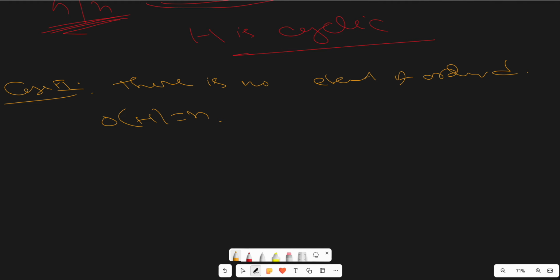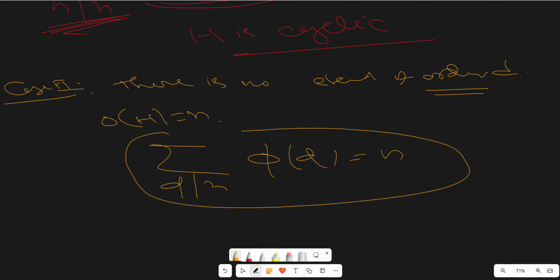So we know a theorem here. What is that? Summation over d dividing n of phi of d is n. If there is no element of order d, this will not be satisfied, it will violate.